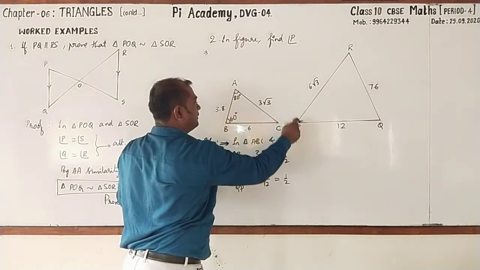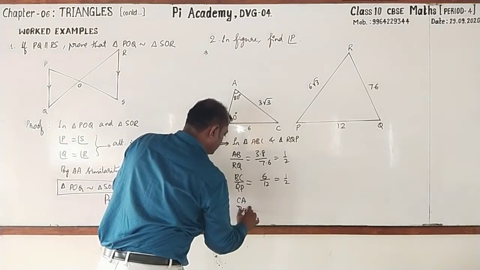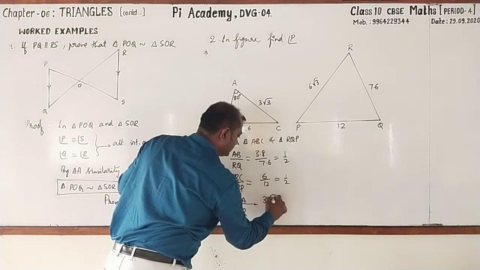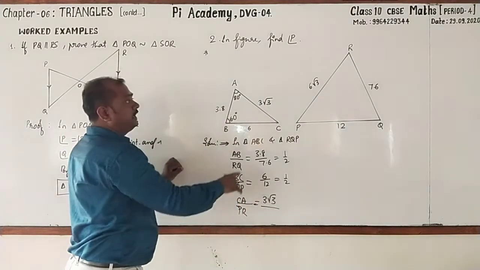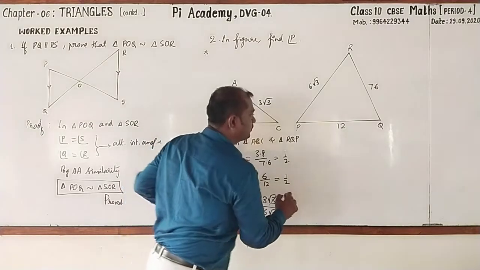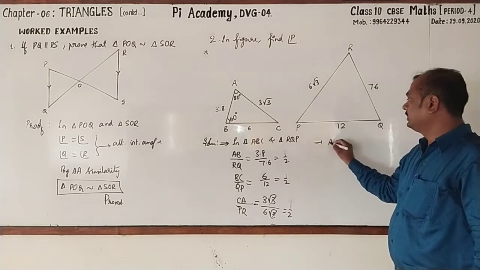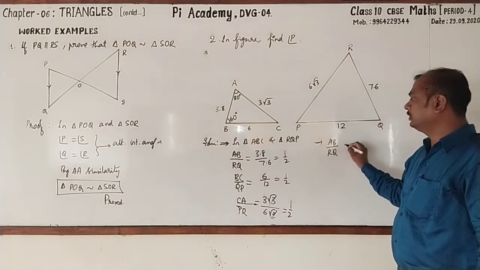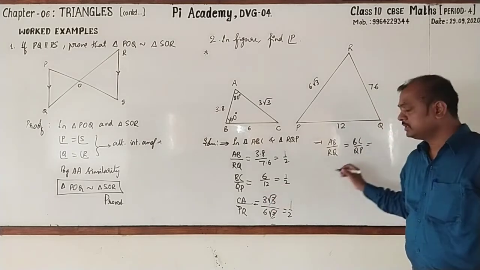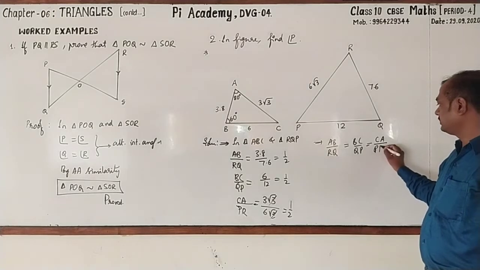Then CA by PR. CA is 3 root 3 and PR is 6 root 3. Root 3 gets cancelled, it is 1 by 2. So from all these, we can write AB by RQ is equal to BC by QP is equal to CA by PR, right?